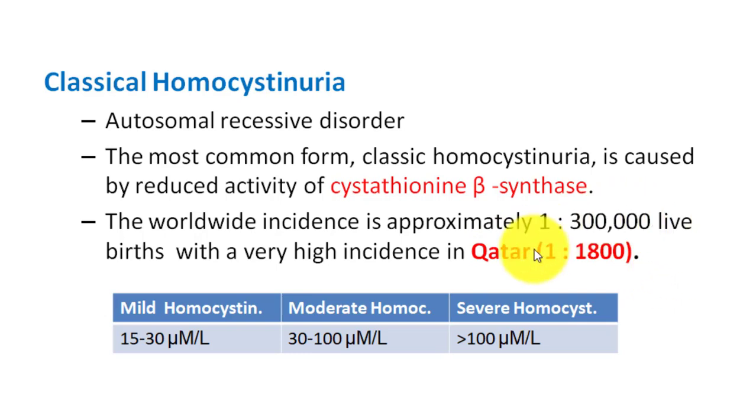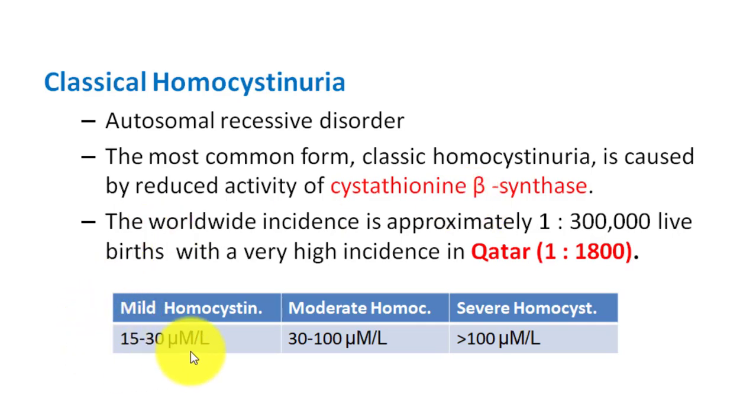Classical homocystinuria, like all homocystinurias, is an autosomal recessive disorder. It is caused by a deficiency of the cystathionine beta synthase enzyme. We will talk about the pathway of this enzyme. I have also talked about the pathway in the previous four lectures. This is actually the last lecture in the series.